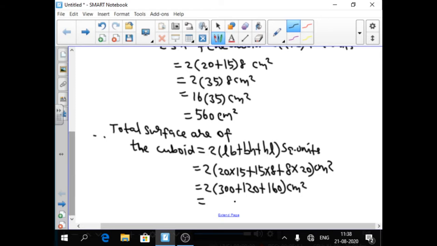So next just add the values in the bracket. 300 plus 120 plus 160 is equal to 580 centimeter square. This measuring unit is centimeter square.